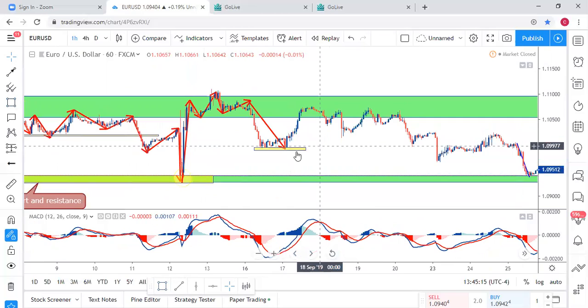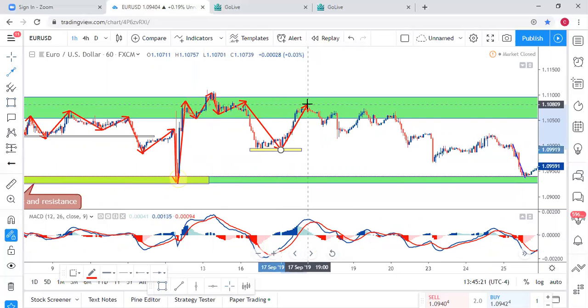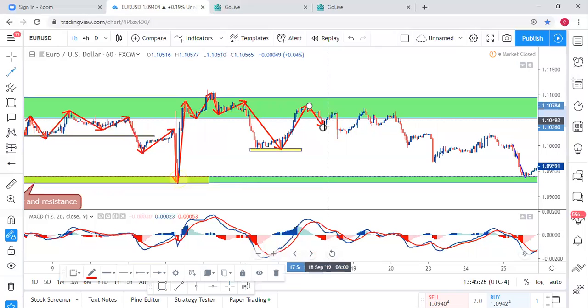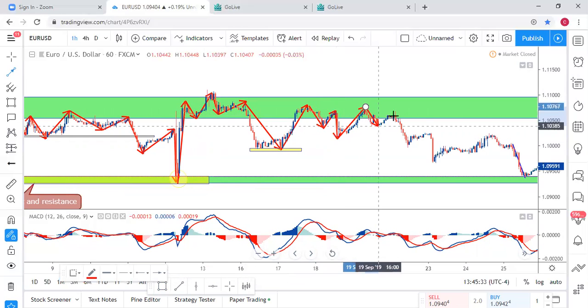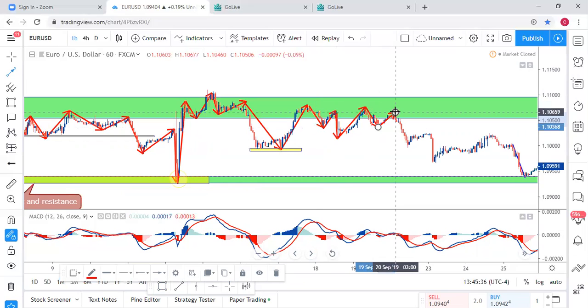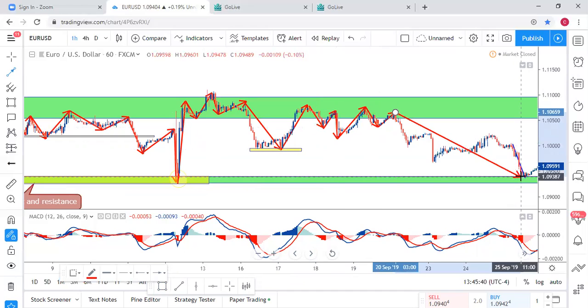And in respect to this particular area, it came back to resistance and just gave you all this sideways action happening here. That's all it gave you in this general area before it came here again and went right down back to support.